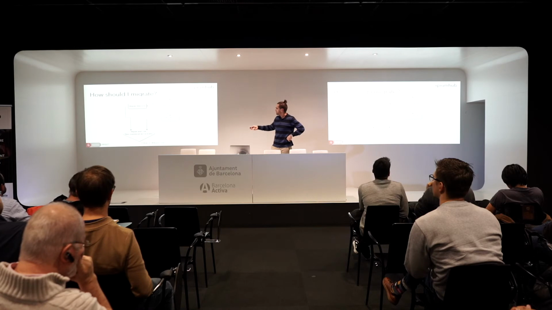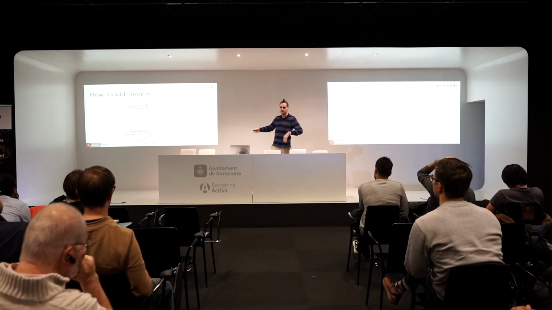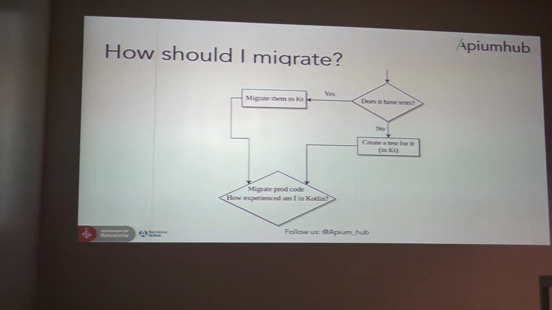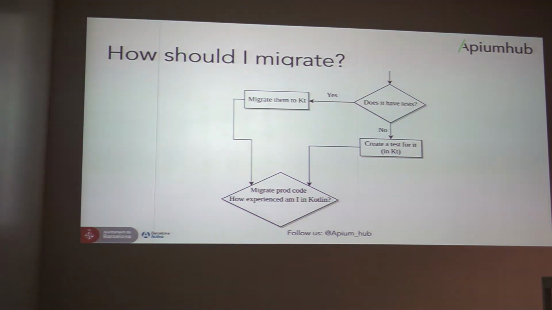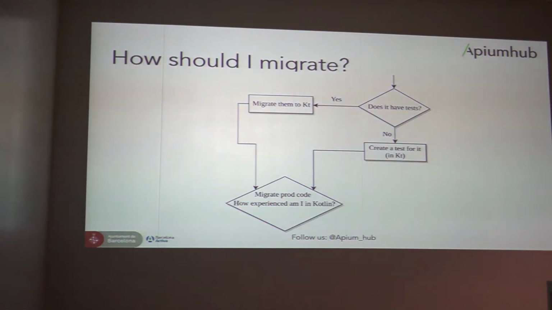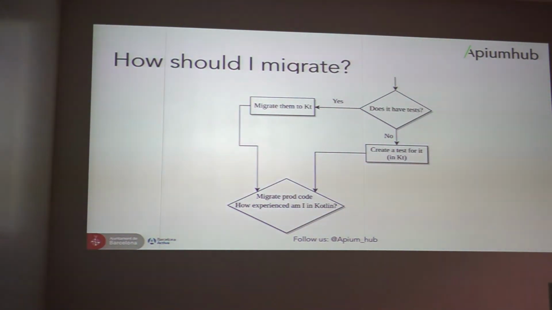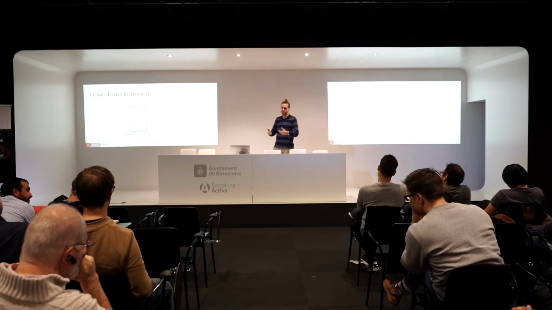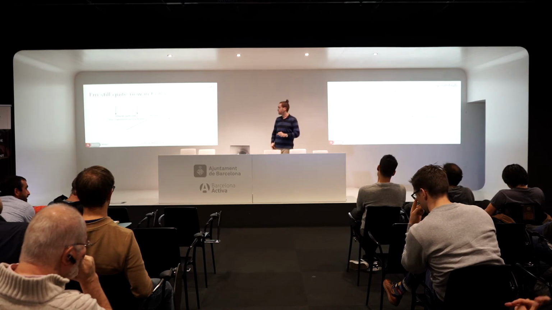So after you created a test in Kotlin, or you migrated them to Kotlin, and you have Kotlin test code and Java production code, what you do is try to migrate production code. Slowly and steady, okay? Because we've learned a little bit along the way by migrating the tests. So our Kotlin knowledge is already better than it was before. But let's see how experienced I am in production code.